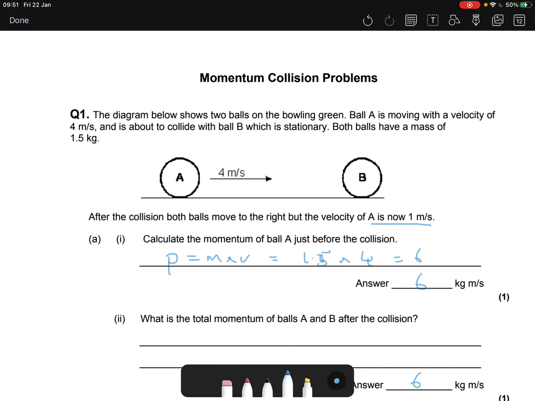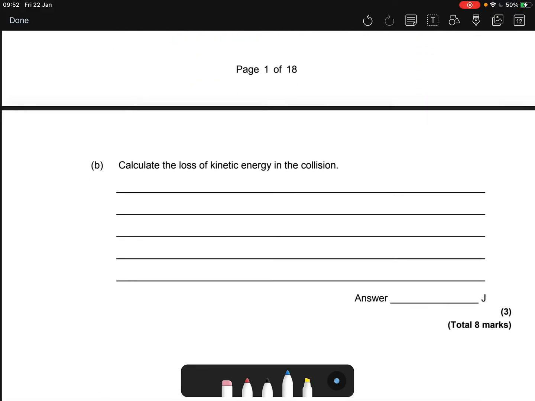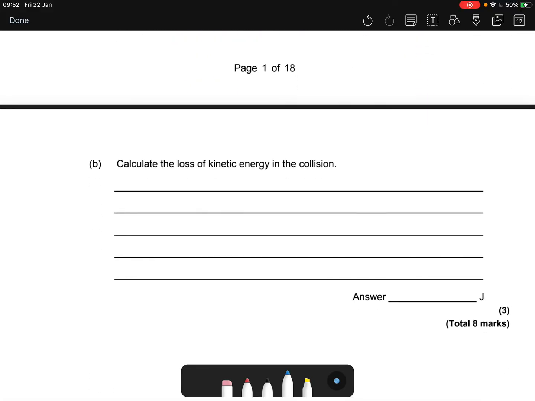Calculate the velocity of ball B just after the collision. Just checking, both balls have a mass of 1.5 kilograms. That's fine. So I will have 4.5 equals a mass of 1.5 times v, and do that division, and I'm going to get 3 meters per second. Phenomenal.